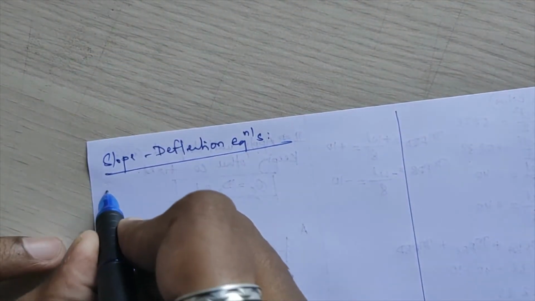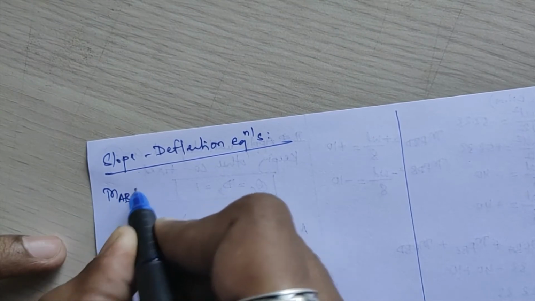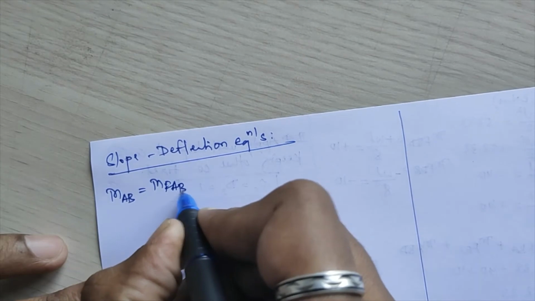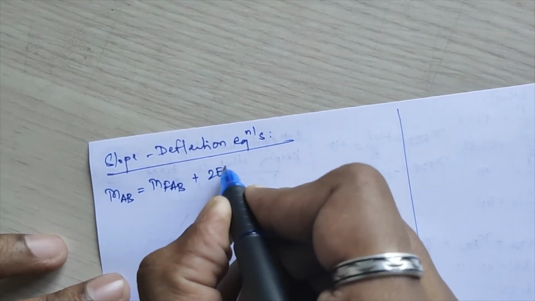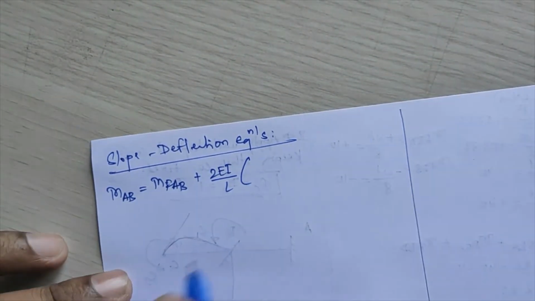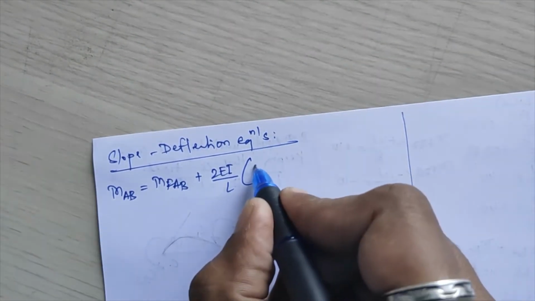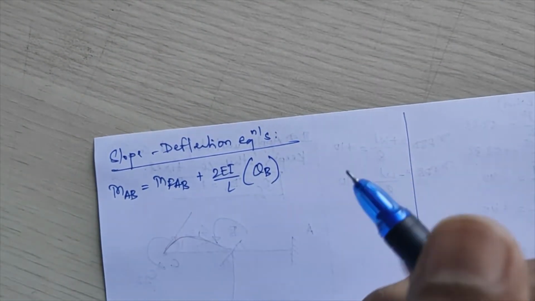Okay, so in that first equation that we will be having for MAB, that is equal to your MFAB plus 2EI upon L into bracket, theta is 0 because of your fixed support. Just what will remain, theta B, delta is also 0.